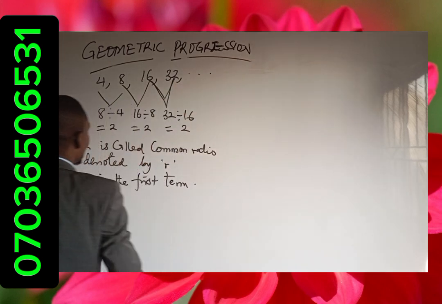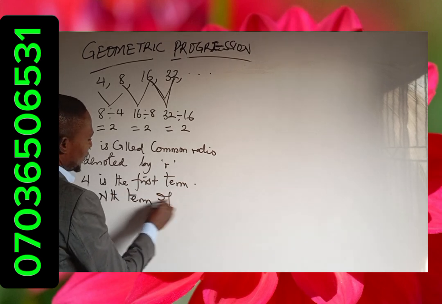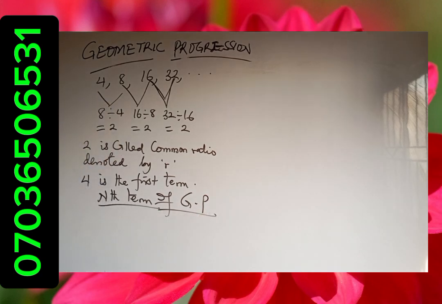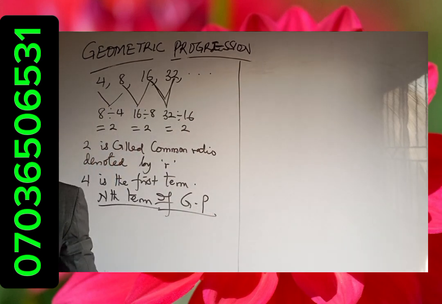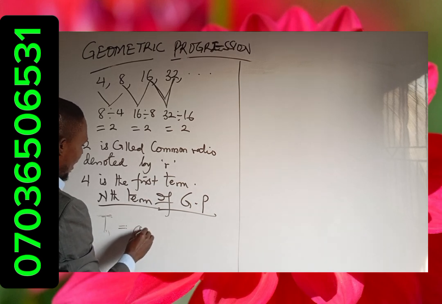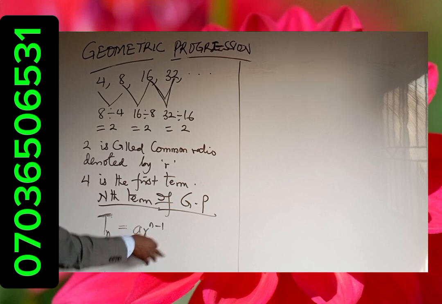So, the nth term of a GP is given by T subscript n equals A R raised to power n minus 1.